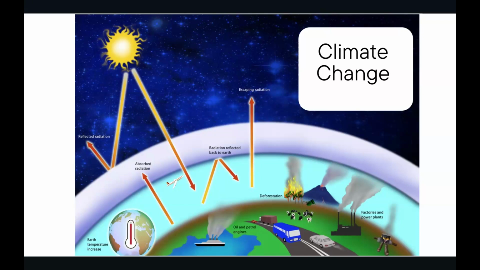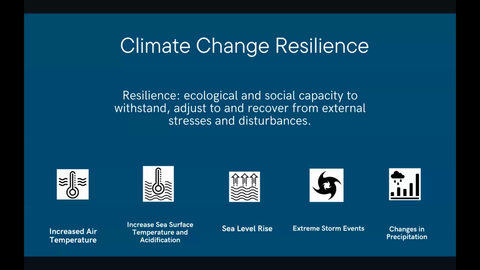And that's causing the Earth to heat up, and that's what we call climate change. And this is having significant impacts to our environment and communities. So climate change will cause higher air temperatures and warmer seas, and that creates more intense storm events when you have warm waters and warm air.